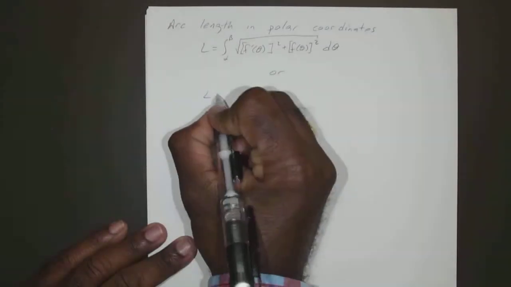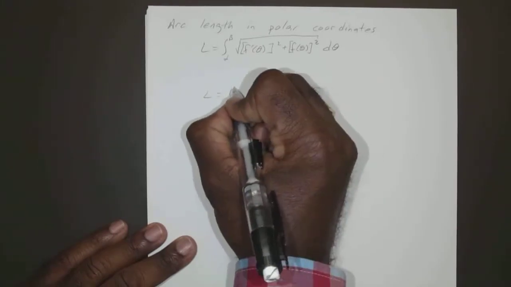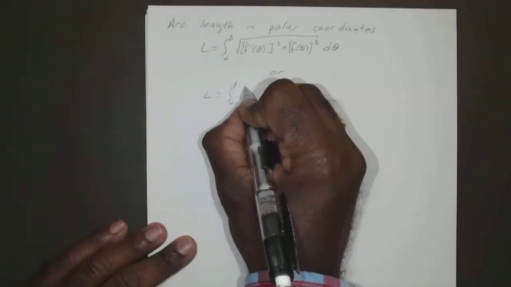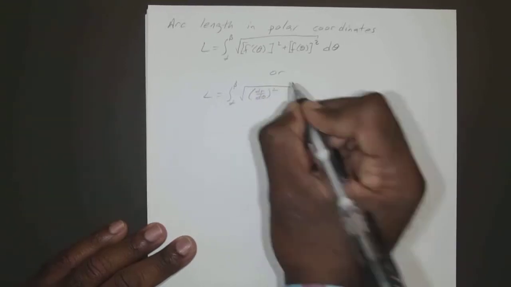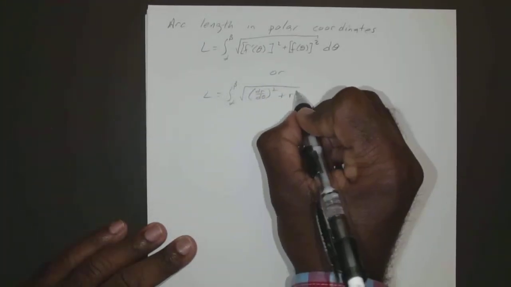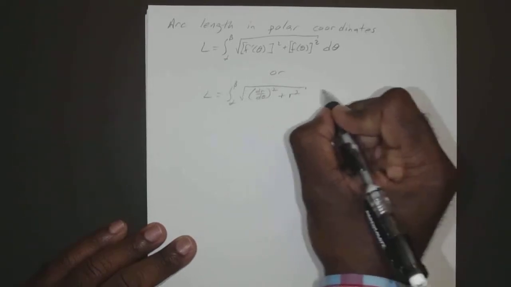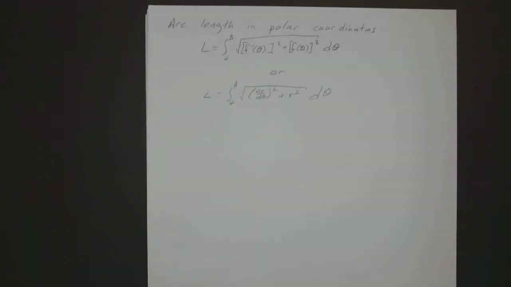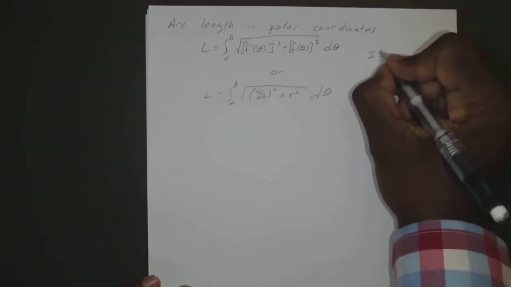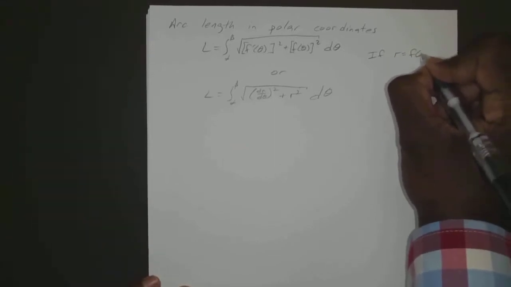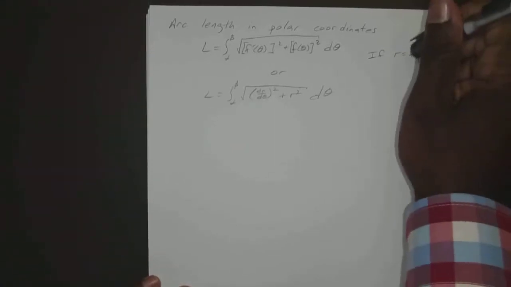Or you can write it from some alpha to beta, the derivative of r with respect to theta squared plus r squared, with respect to theta. Pretty much the same thing. But that's if r equals some function of theta.